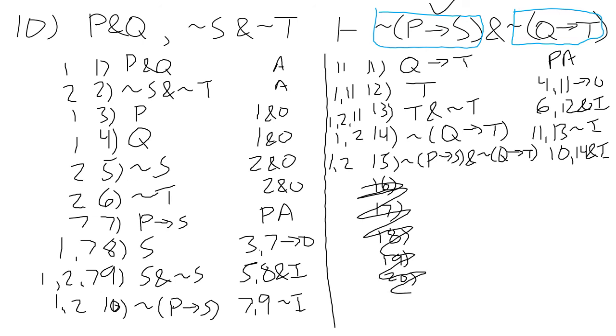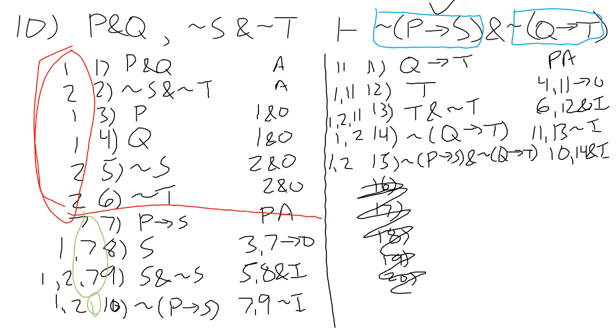But the reason why I broke all this stuff up before is because this is all coming from our premises. That's why there's nothing but 1s and 2s. And then everything here depends upon a 7. The 7 drops out here too. And then everything depends upon 11. 11 drops out here on 14.